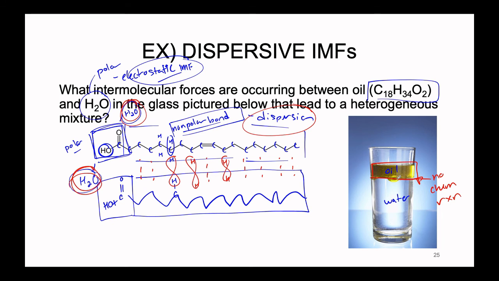However, this attraction is not so strong so as to lead to a homogeneous mixture. Instead, we end up with a heterogeneous mixture. Oil sticking with oil through the formation of dispersive interactions, and water sticking with water because we can increase the number of really stable electrostatic intermolecular forces.